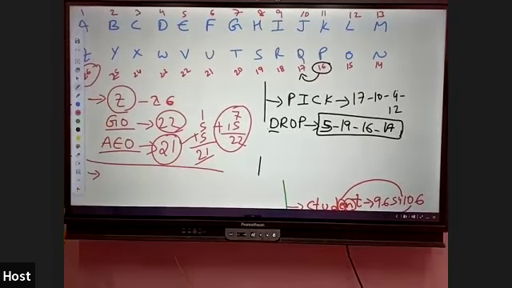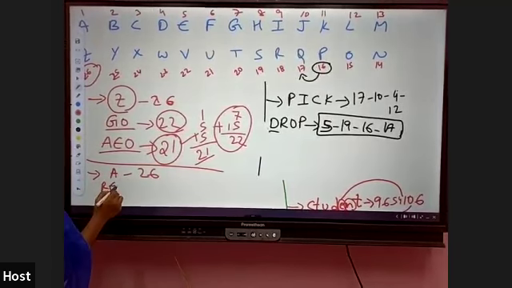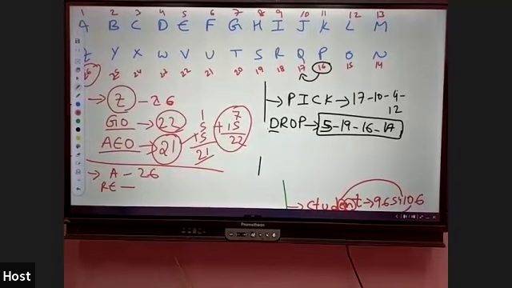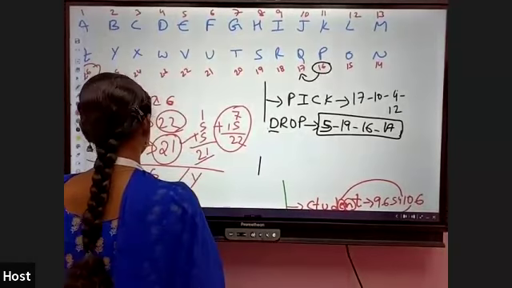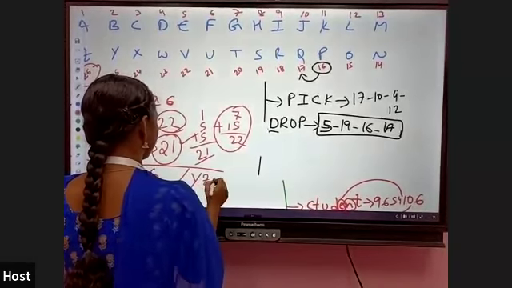For example, A 26, R E 31. We should find the code for YZX.